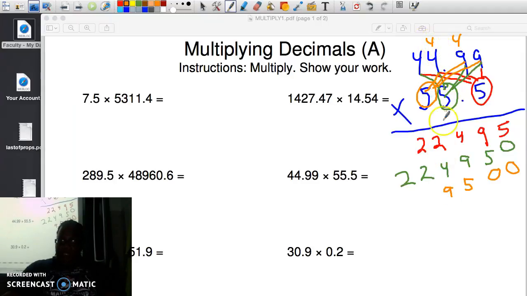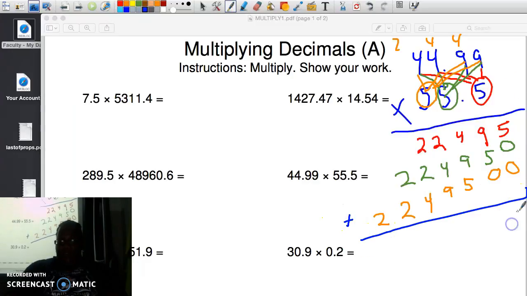That's 20 plus 4 is 24. 20 plus 2, 22. And it repeated again. Now all I have to do here is add. Okay. That's 5, 5, 9, 10, 11, 12, 13, 14.